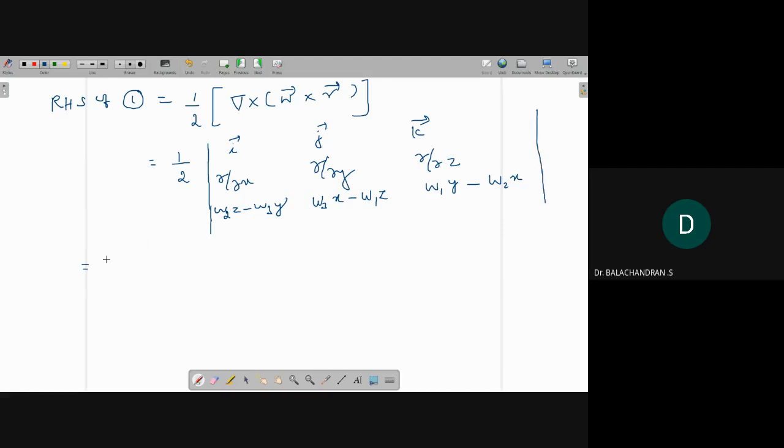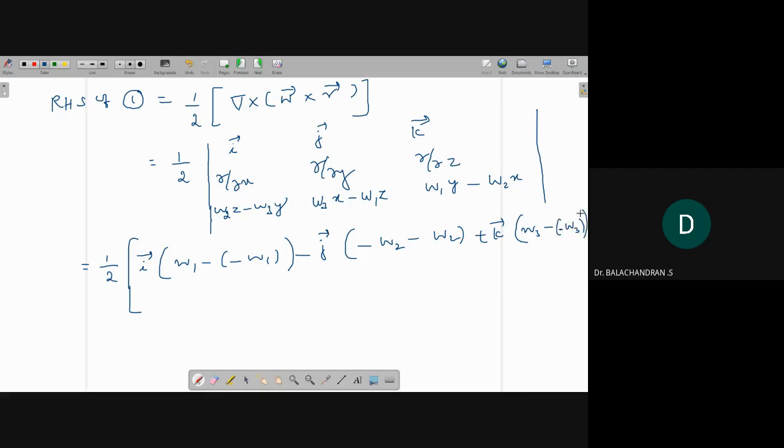Now expand and get the answer. 1 by 2 into i vector into dou by dou y of this is W1 minus dou by dou z of this one is minus of minus W1, minus j vector into dou by dou x of this is minus W2 minus dou by dou z of this quantity is W2, plus k vector into dou by dou x of this is W3 minus dou by dou y, minus of minus W3. Close the bracket.